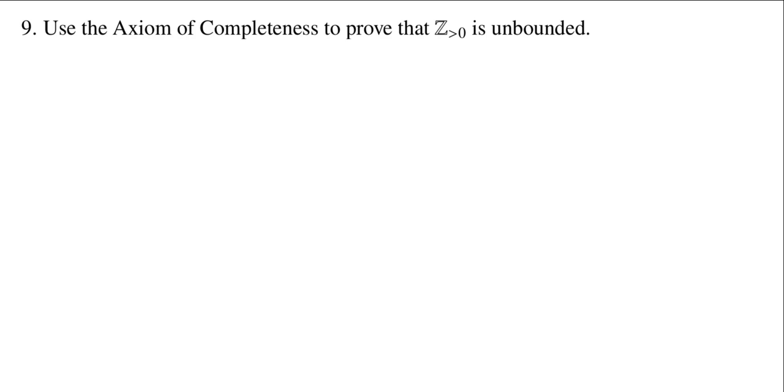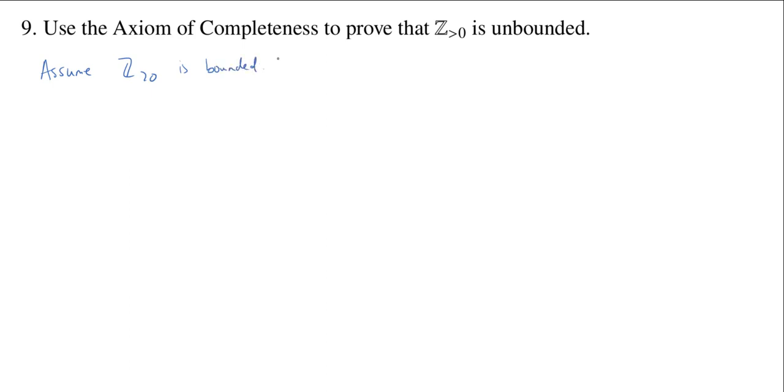But let's give a proof that shows why the axiom of completeness is useful here. We're going to assume that it is bounded, rather than unbounded. So assume that the set of positive integers is bounded.